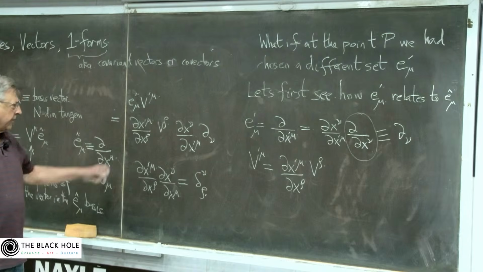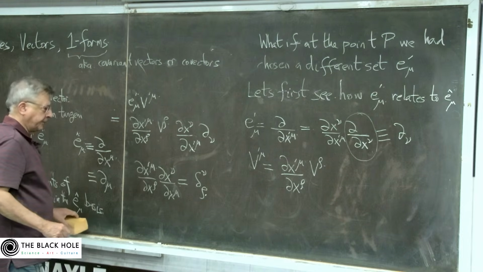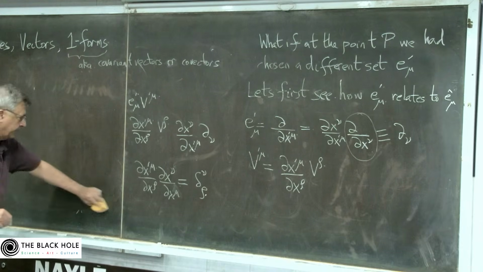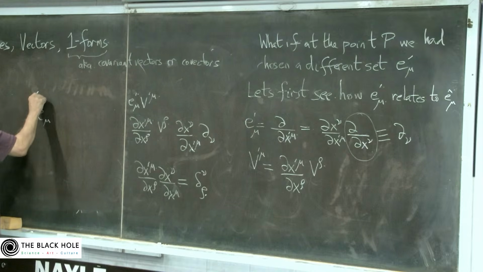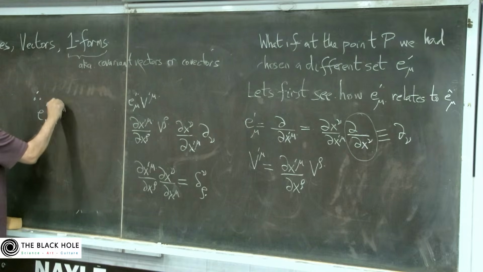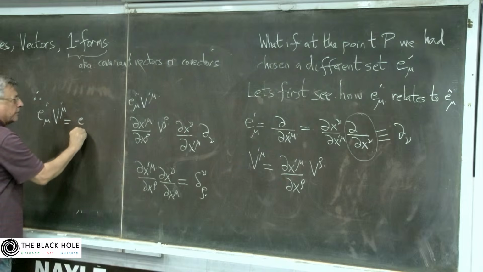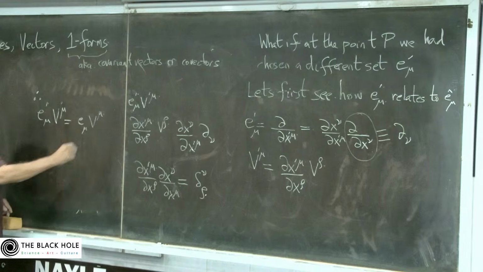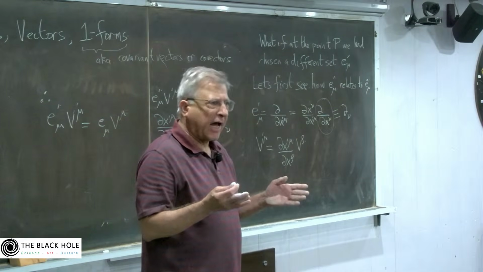Very good. Which means that E mu prime V mu prime is equal to E nu V nu, and since that change of coordinates did not make any difference, that says that they're both describing exactly the same vector.